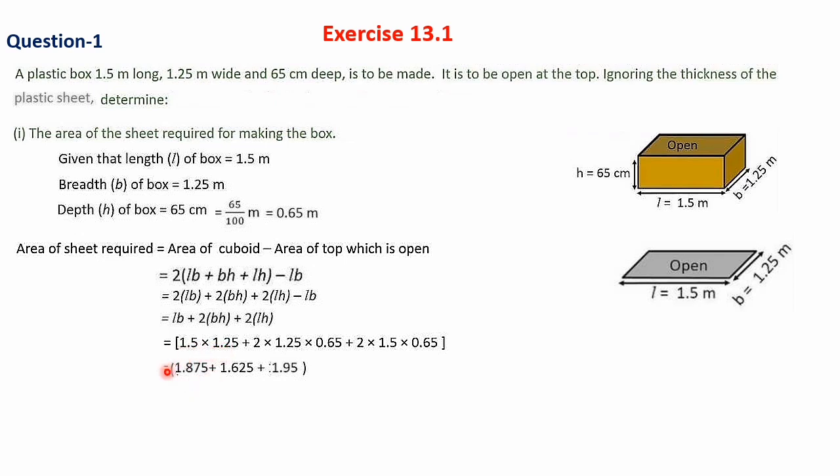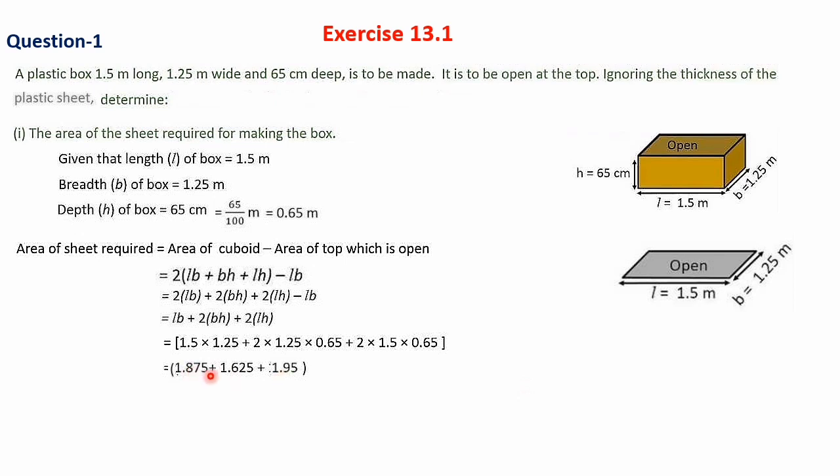You have to verify that you are getting the answer 1.875. 2 into 1.25 into 0.65 you have to multiply. You will get the answer as 1.625. Plus 2 into 1.5 into 0.65, when you multiply you will get 1.95. So please do not copy, do the calculation and write the answer, and you must show the calculation on your notebook when you send the notebook copies.